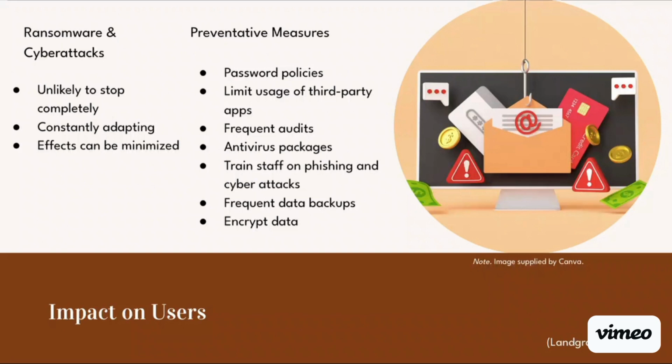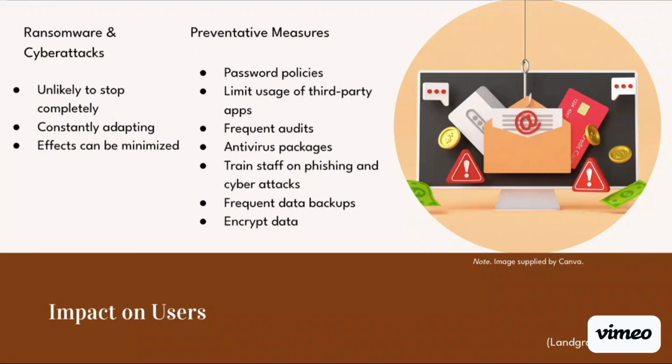Ransomware and cyber attacks likely won't be able to be completely avoided since they are constantly adapting to new technology, but there are preventative measures that public libraries can take to prevent or minimize the impact of an attack.